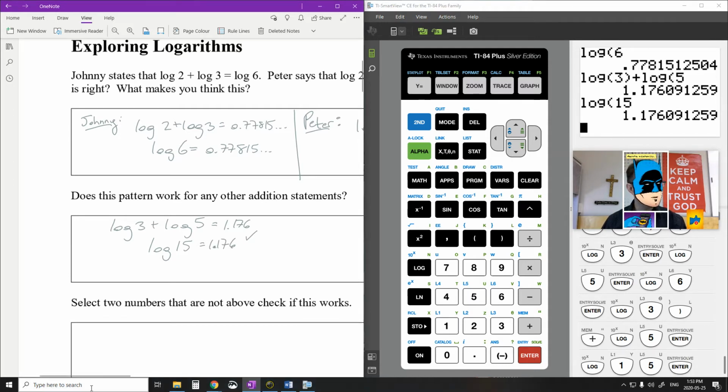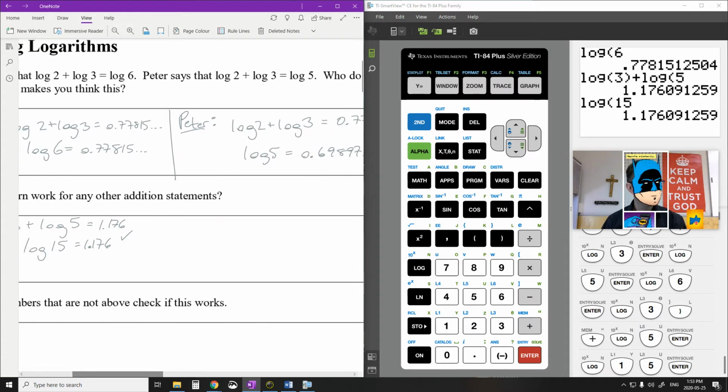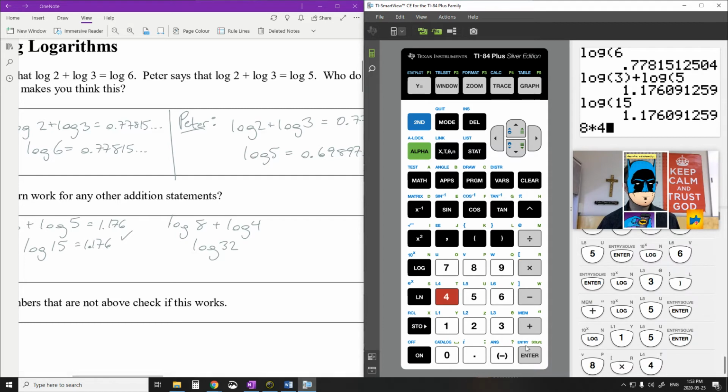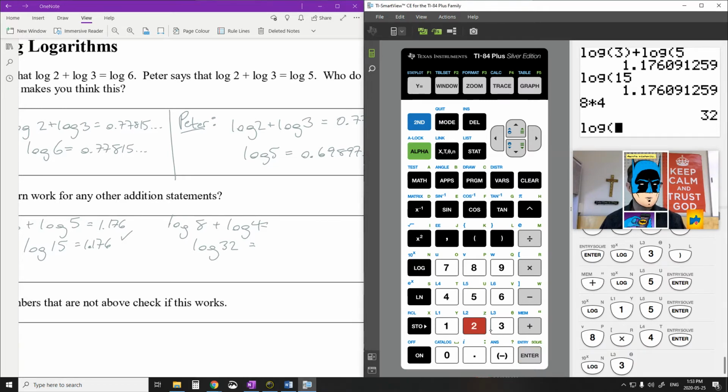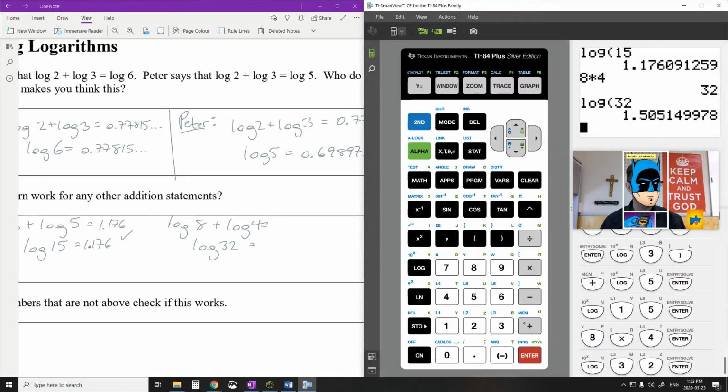Now let's pick two other numbers that we can multiply together. So log 8 plus log 4. Is that the same as log 32? Because 8 times 4 is 32. Are they the same? Let me double check. Log 32 is 1.505.